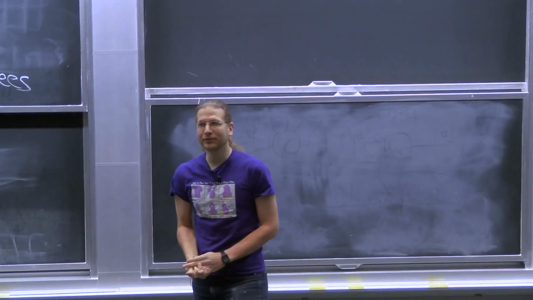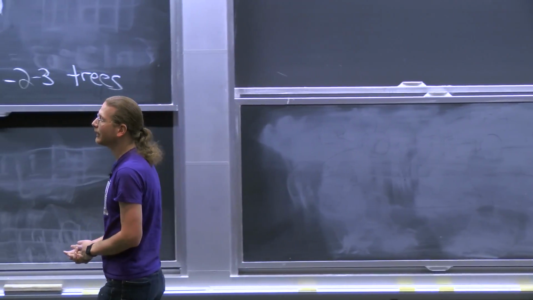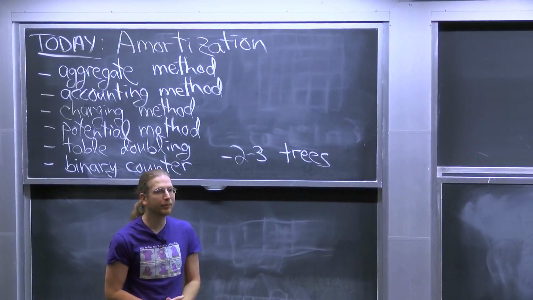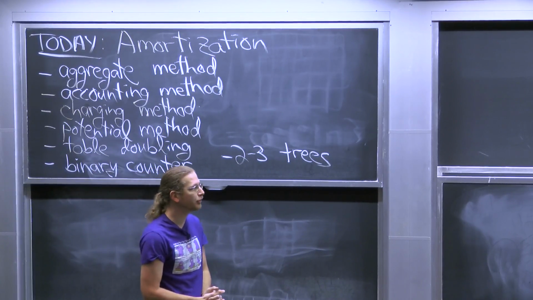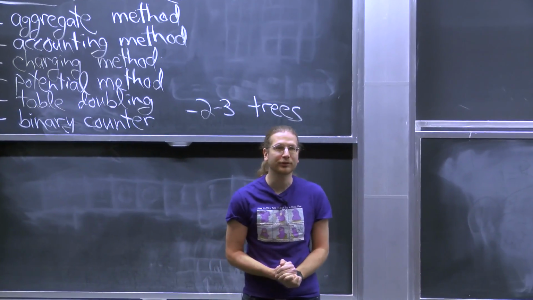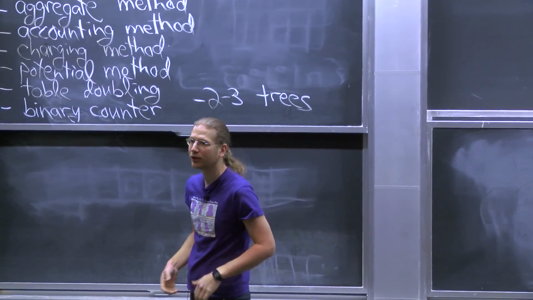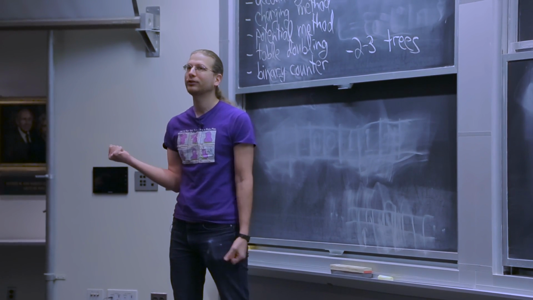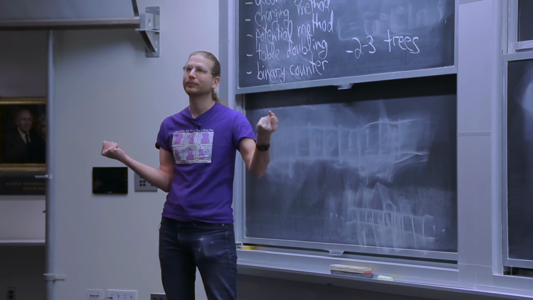All right, welcome back to 6.046. Today we continue our theme of data structures, but this time instead of doing a fancy cool data structure, we're going to look at fancy cool analysis techniques for data structures. And these are useful for tons of different data structures, especially in the context when you're using a data structure to implement an algorithm.